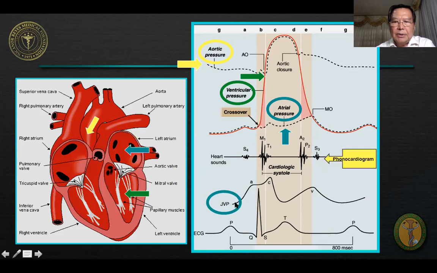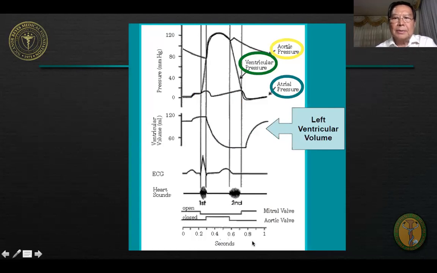This is your jugular venous pressure. We know that you have your A wave, your C wave, and your V waves for your positive waves. And these, of course, are the ECG tracing with the various complexes of the components of the electrocardiogram.